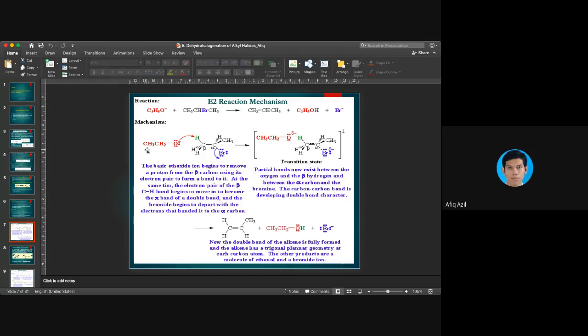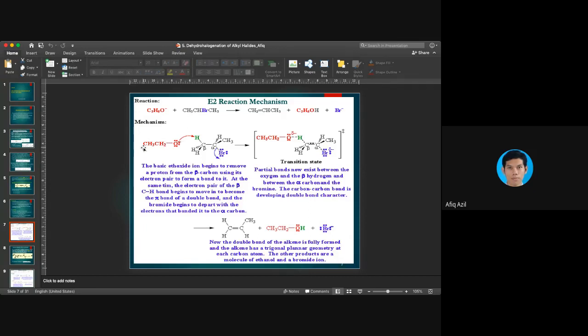Okay, what makes it different from a substitution reaction is the site of your nucleophile attack. Okay, in an elimination reaction, or particularly this E2 reaction mechanism, you look at this nucleophile, or this base.